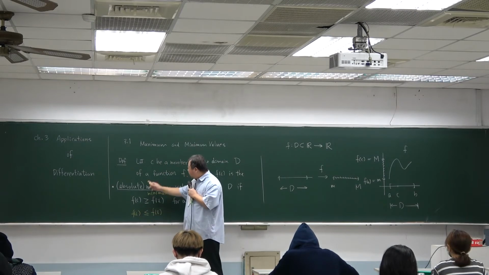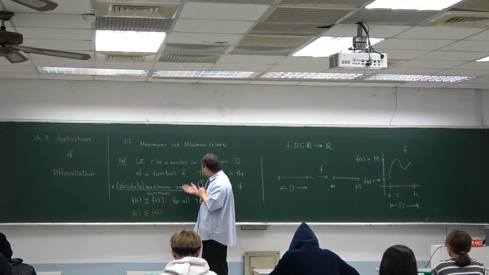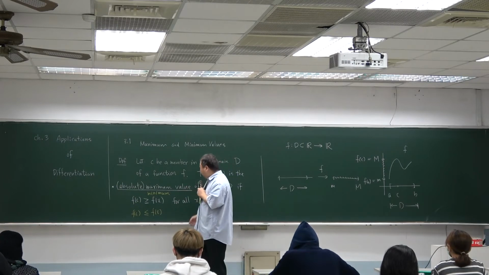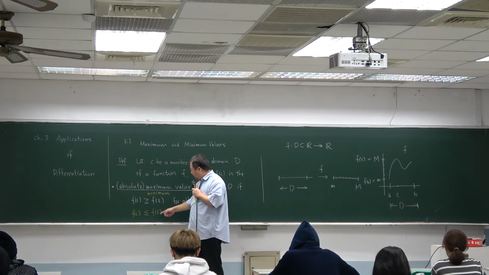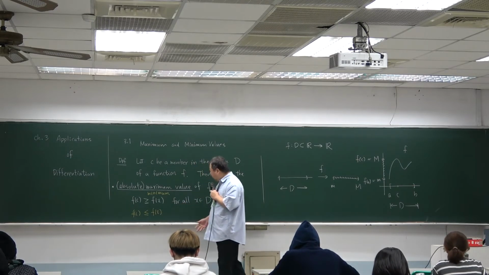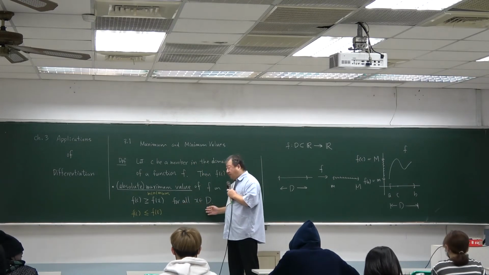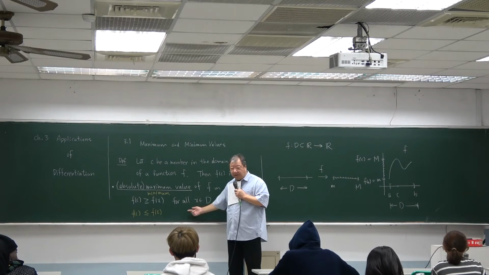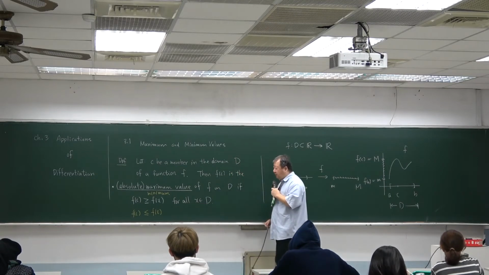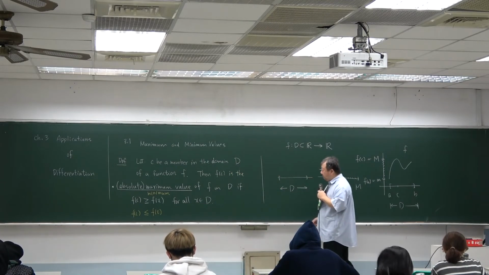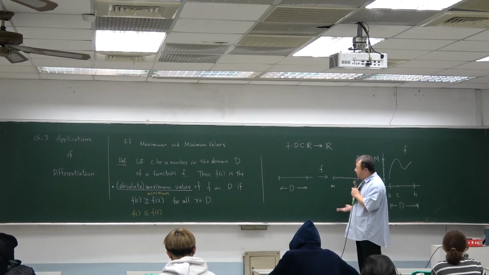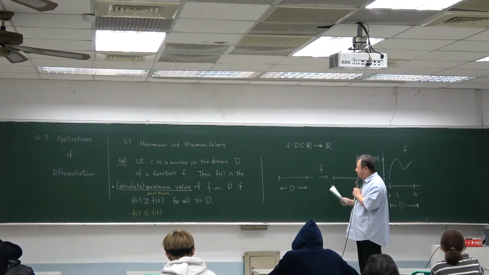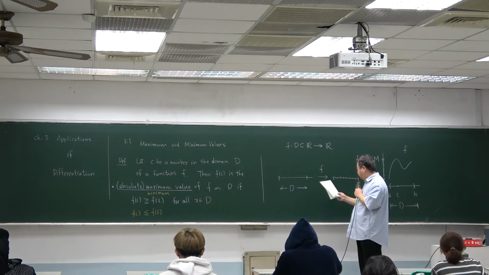Here, c is already given, and the function f is already given. The x, of course, we have to indicate the values of x. x means for all x in D. This is the definition of the absolute maximum and the absolute minimum.